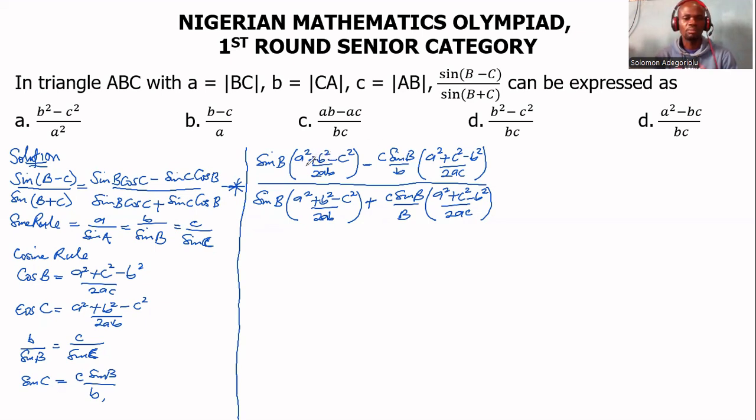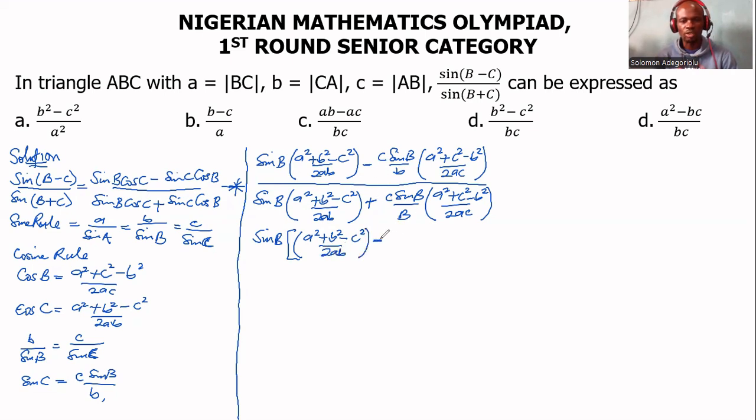So at this point now, let's take a look at the numerator very well. We can bring out the common factor from the numerator. And what do you think the common factor will be? We can bring sine B out as a common factor. So I'm going to have sine B, into an open bracket. Then we have A squared plus B squared minus C squared over 2AB, close the bracket.